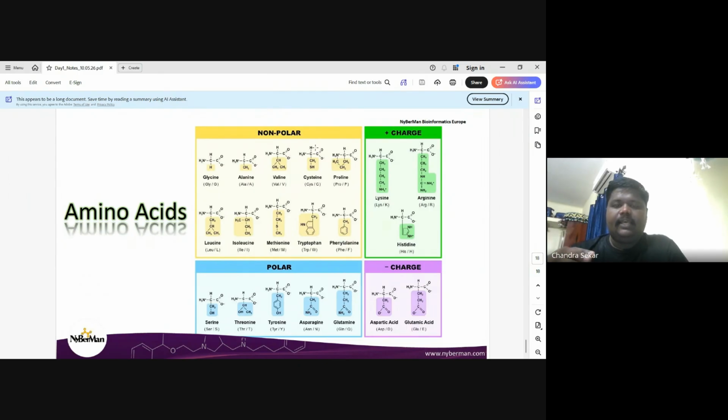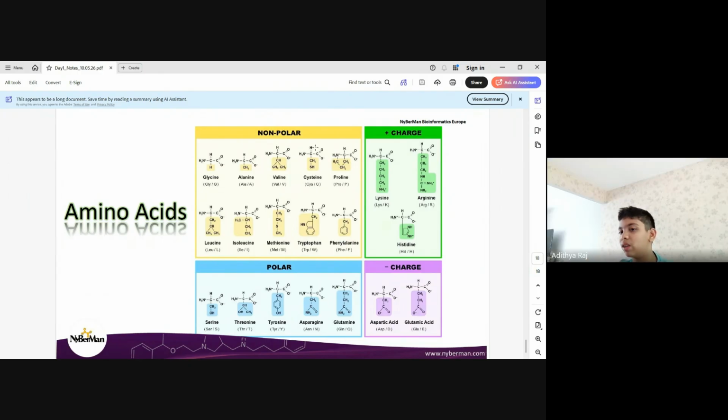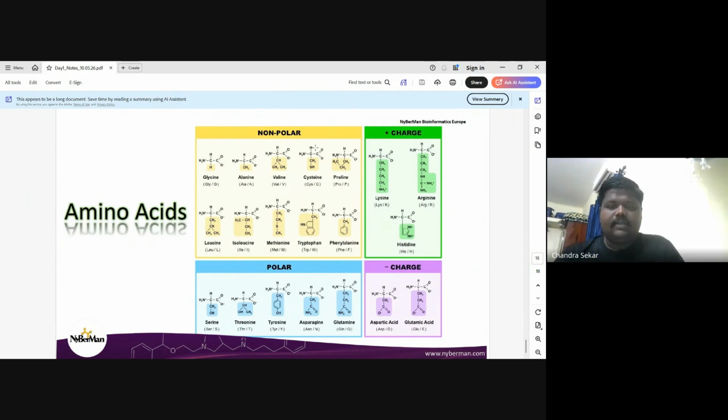A few amino acids are present in our body. They are called non-essential. Non-essential means they are not required in the diet. So they are present in the body, but we don't need them for any function? Not like that. They are not required in the diet. We don't need to give any dietary supplement for them.